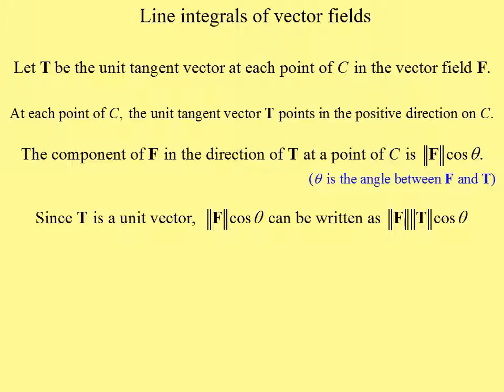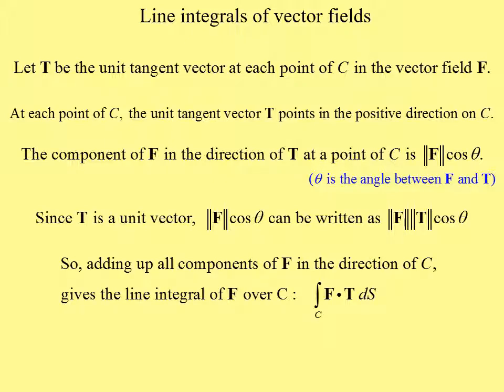That happens to be the definition of the dot product of F and T. And so our line integral of the vector field F over the curve C is given by the dot product of F and T summed up over the curve with respect to arc length.